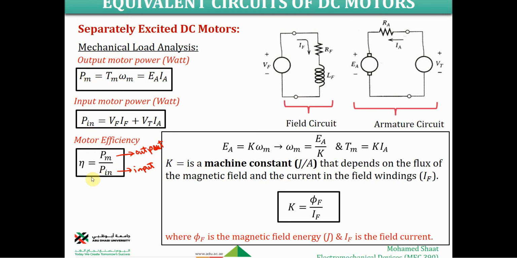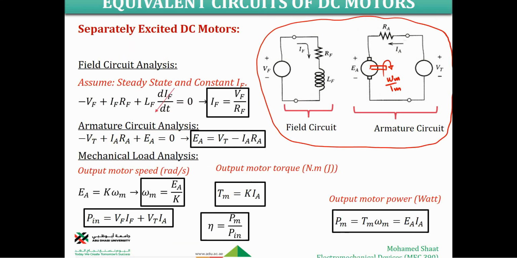You can calculate the efficiency of this electrical motor, how much it is. Make sense? So this is one of the configurations of the DC motor, and this is how we can calculate the efficiency of this DC motor that uses two separate electrical circuits for the field and the armature circuit. This is commonly known as a separately excited DC motor.